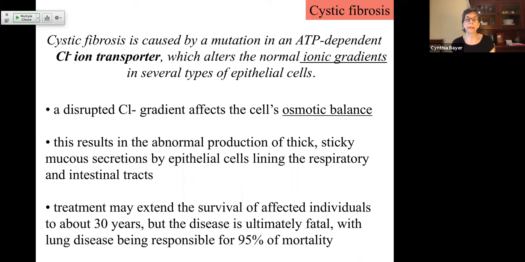This inability to maintain the proper chloride ion gradient across the cells will frequently lead to fatality within middle years, 30s to 40s, for people who have cystic fibrosis.